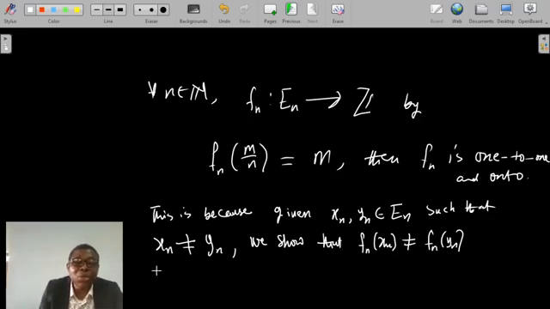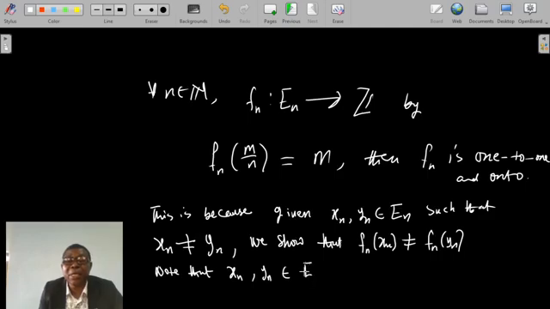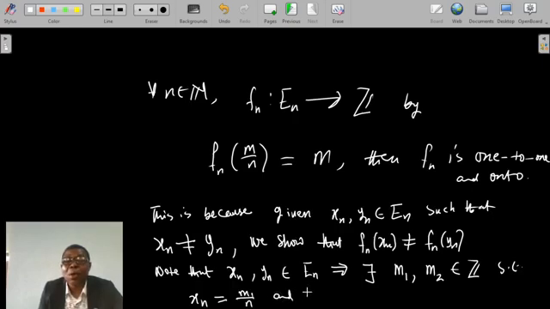Now, let us note the following. Note that Xn, Yn in En implies that there exist, say, M1, M2 in the set of integers so that Xn is equal to M1 over n and Yn is equal to M2 over n.